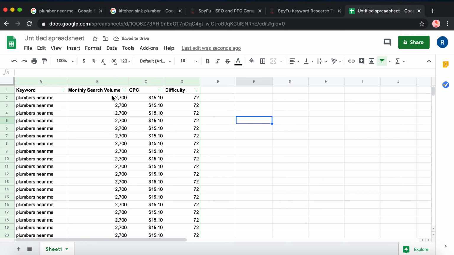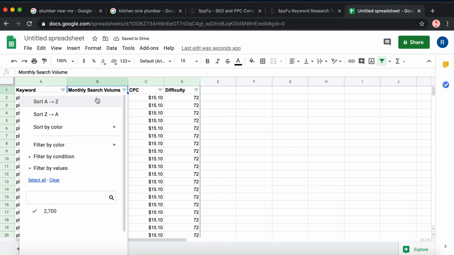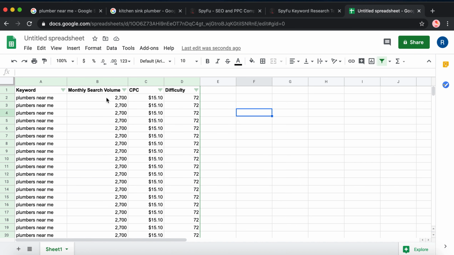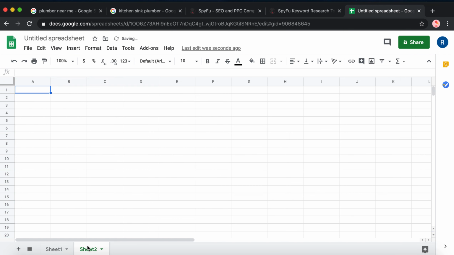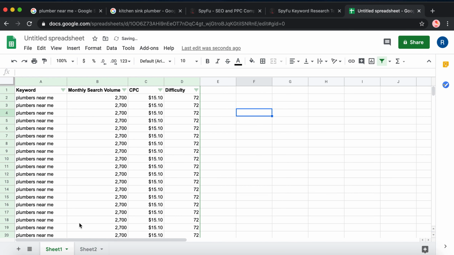I want to sort these descending from highest search volume or the least expensive ones, and you'll get a better idea of what to do. And from here, you can start building more tabs and organizing your campaign structure, but that will also be for another video.